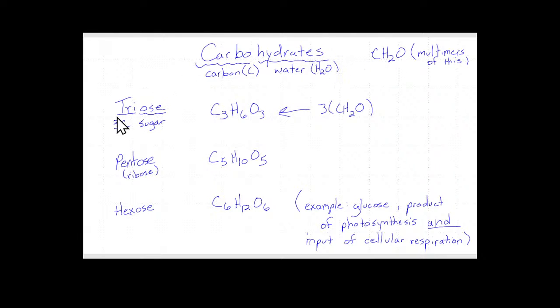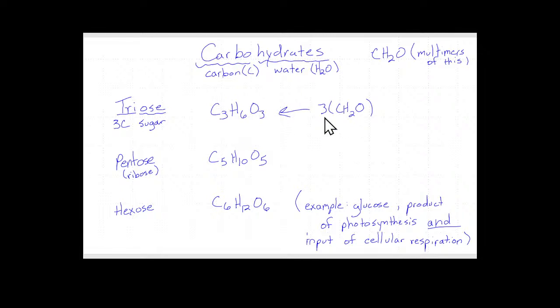So for example, if you have a 3-carbon sugar, we're going to call it a triose, tri for 3, ose for sugar. A typical triose might have a formula of C3H6O3. To get to this, you take the number 3 and multiply it by your carbons, the 3 times the 2 hydrogens, and the 3 times the oxygen.